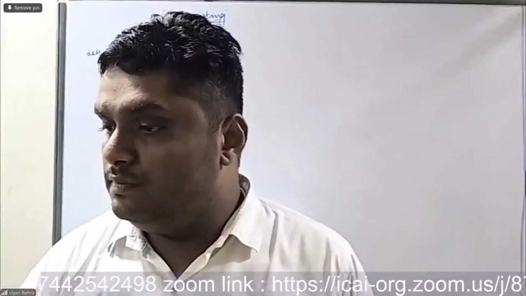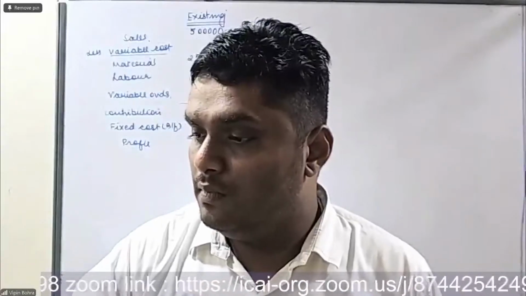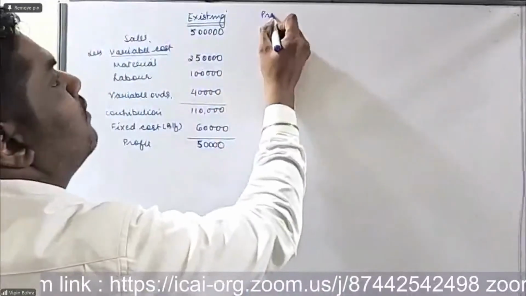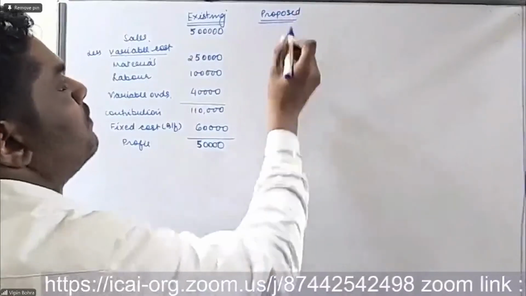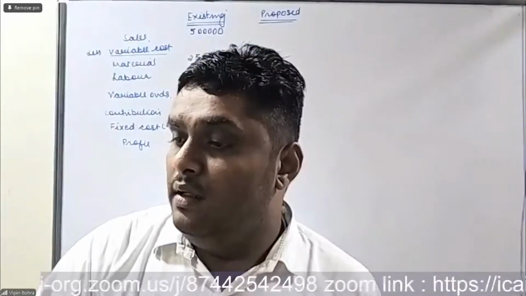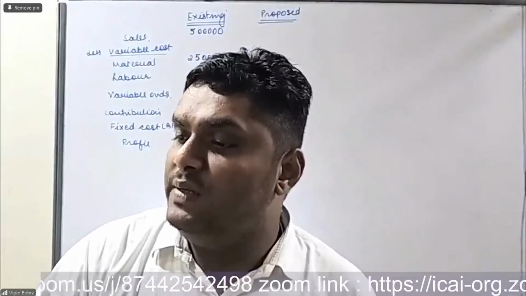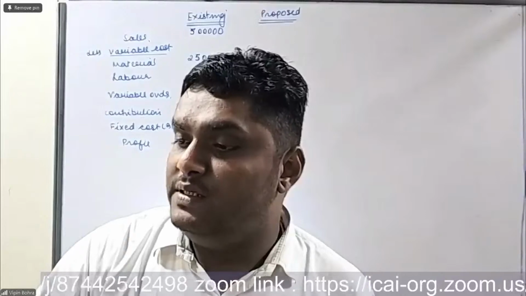Now, the proposed plan. When talking about sales, it is given that the company will be able to earn a profit of 23% provided that the volume of sales is increased by 10%.